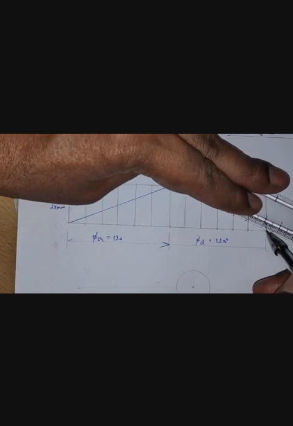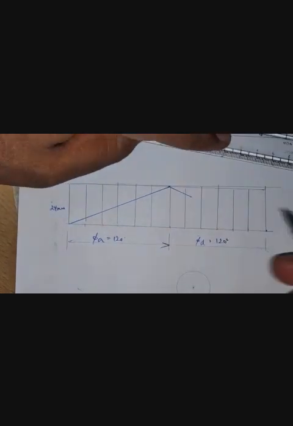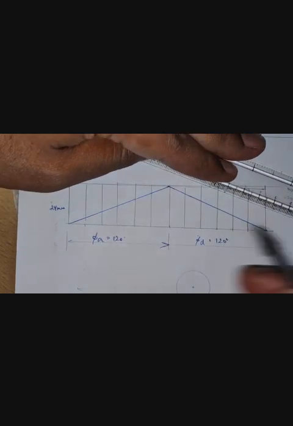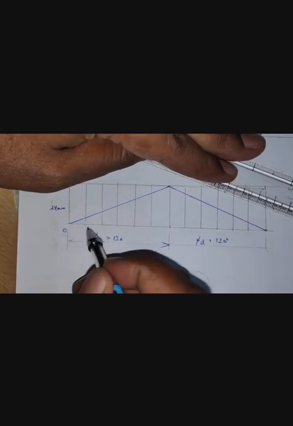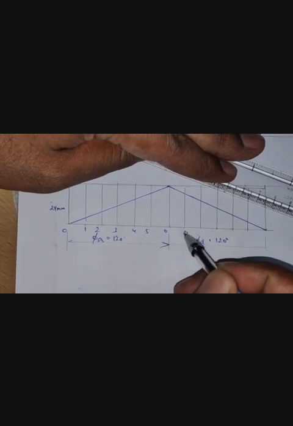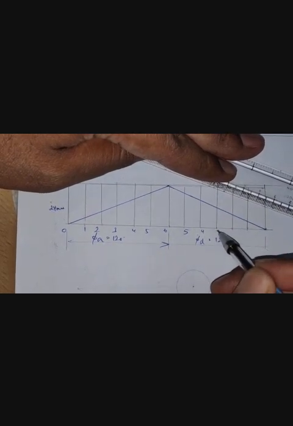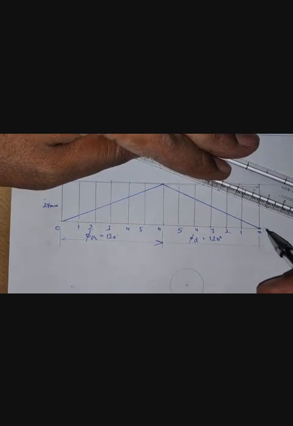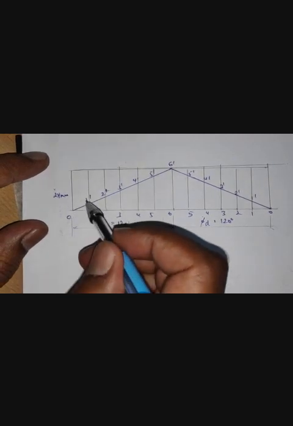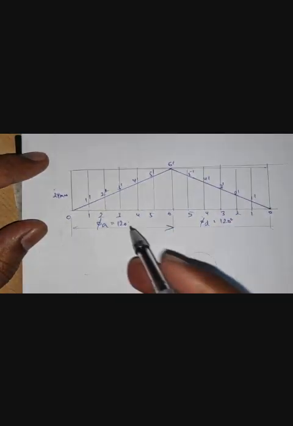So this descends. So basically, there are actually 6 positions in between 0 degree and 120 degree. So let me name these positions as 1, 2, 3, 4, 5, 6, and this will continue as 5, 4, 3, 2, 1 and 0. Now I marked the locations 1 dash, 2 dash, 3 dash, like this up to 1 dash.